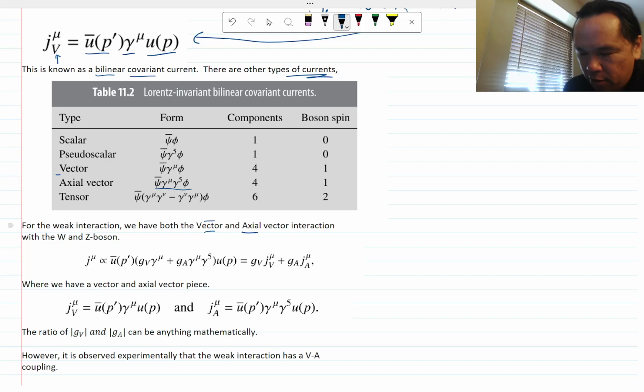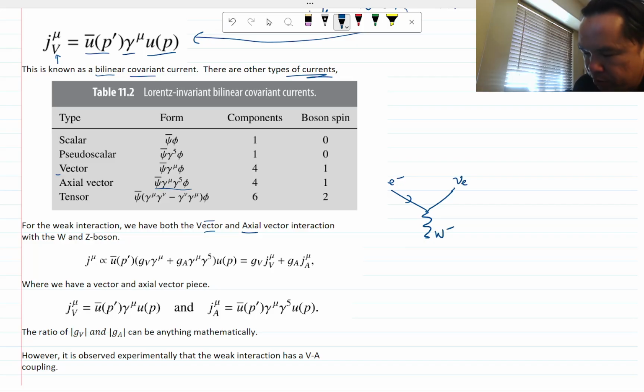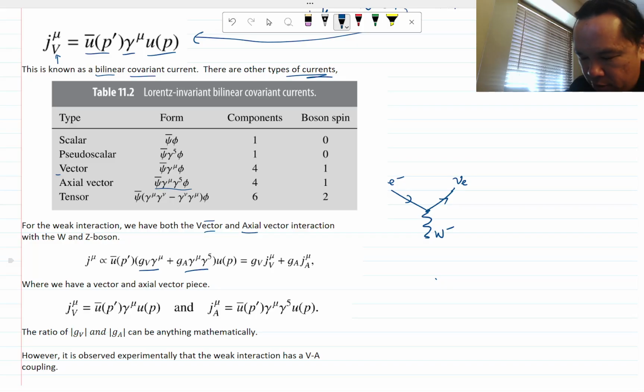In fact, if you were to write the Feynman rules for a weak interaction vertex, so let's say you have an electron coming in and it spits out a W minus and turns into a neutrino, this vertex factor, instead of just being gamma mu, is going to have a vector piece, gamma mu, and an axial vector part, gamma mu times gamma 5.